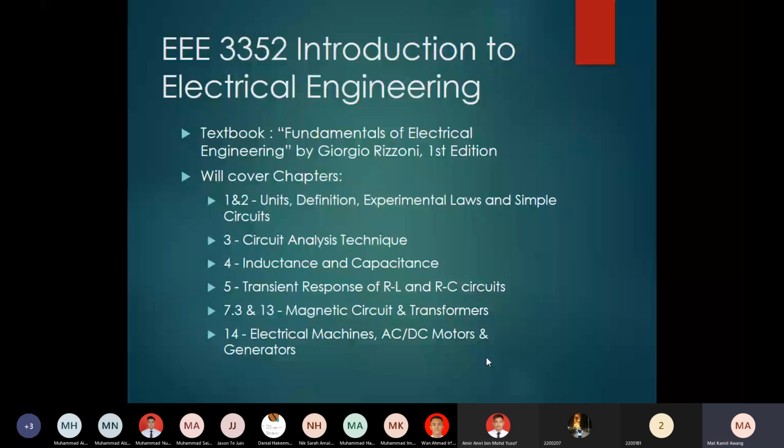And then we'll cover chapter 7.3 and chapter 13 on magnetic circuits and transformers. Mostly the slides will be on chapter 13. Then finally, we'll cover chapter 14 on electrical machines, AC and DC motors and generators. So those are the chapters that we will cover in the next 14 weeks.